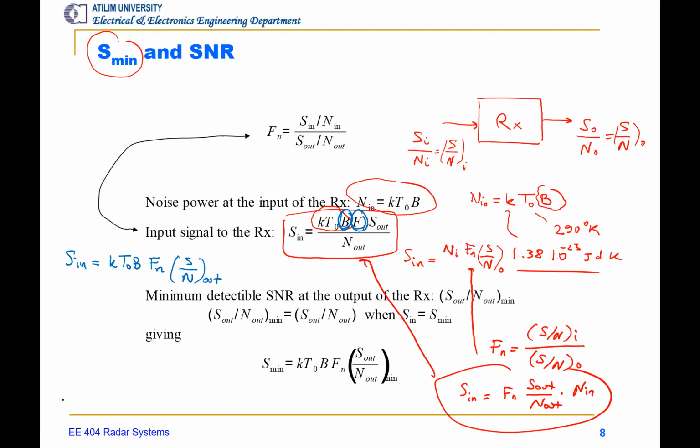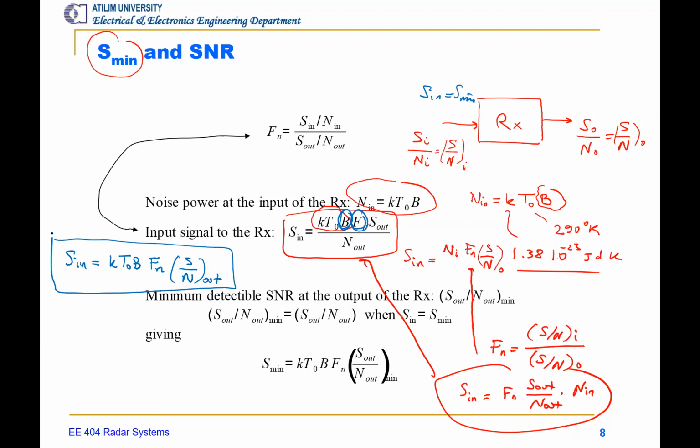So what happens if I take the input as minimum signal power? That's my objective in the radar range equation, because in the radar range equation, we got S min. And now I am trying to write S min in terms of other receiver parameters. And it's written here.